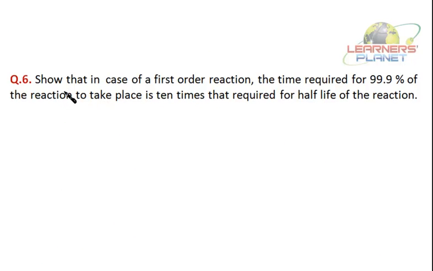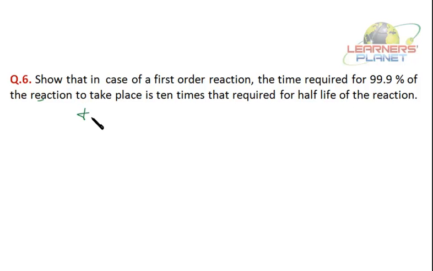It's a very good question. Show that in case of a first order reaction, the time required for 99.9% of the completion of the reaction to take place is 10 times the time required for half-life of the reaction.